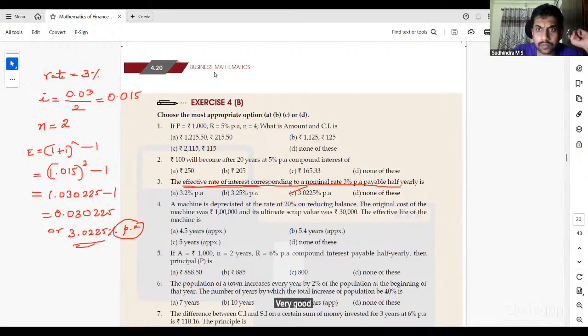Very good, Dhanush. Yes, Bhavish. Yes, Lahari. Yes, Vinyas.